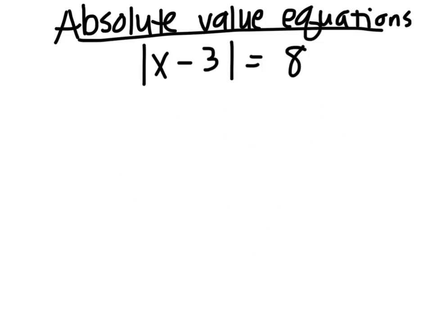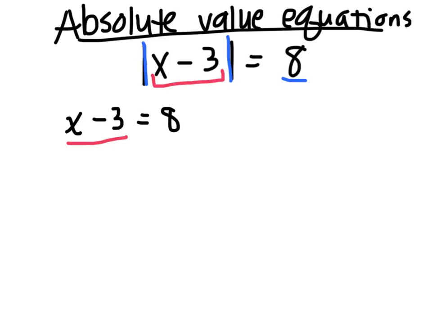So when we solve absolute value equations, we need to ask ourselves, what does x minus 3 have to be equal to so that when I take the absolute value of it, I get 8? Well, one possibility is that x minus 3 could be equal to 8, because then the absolute value of 8 equals 8.